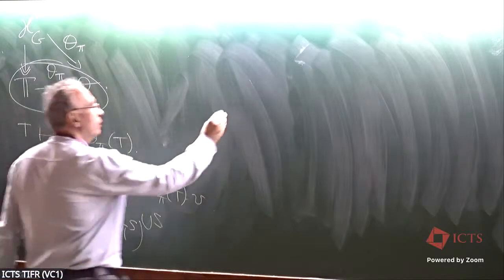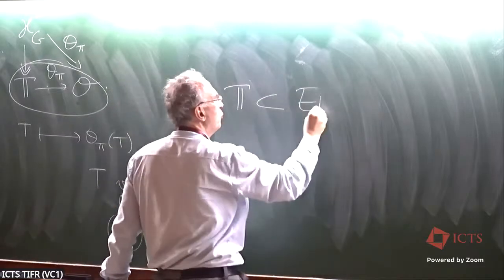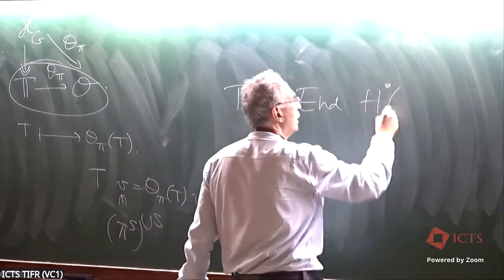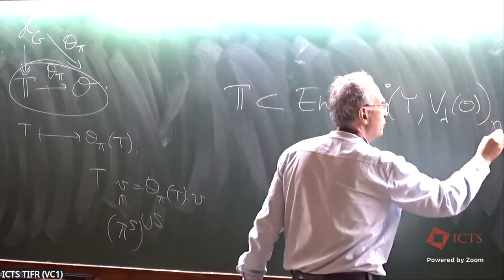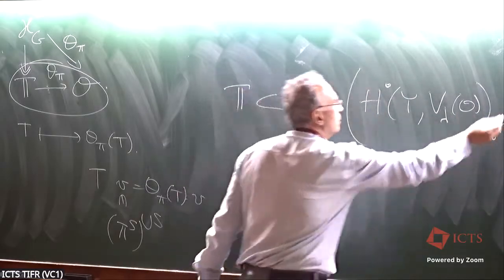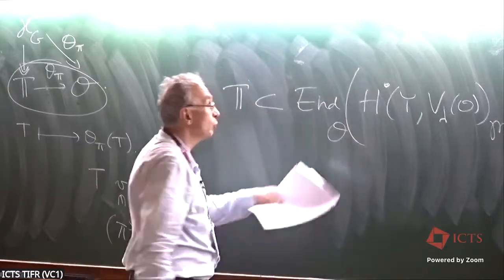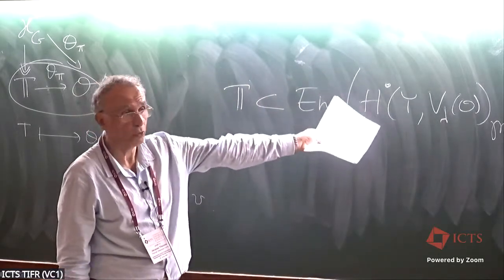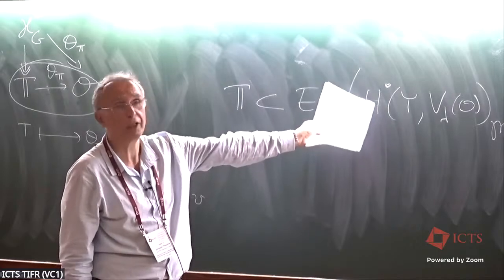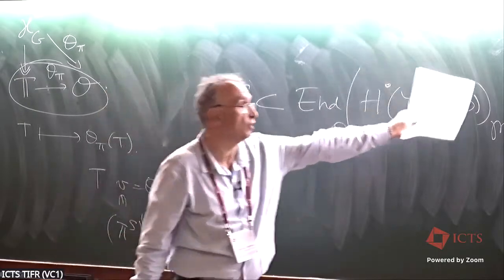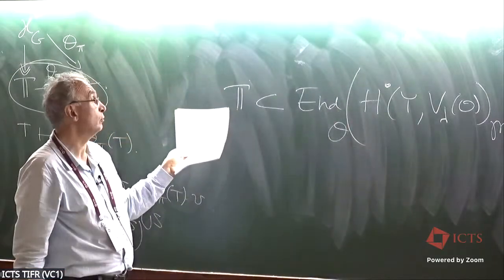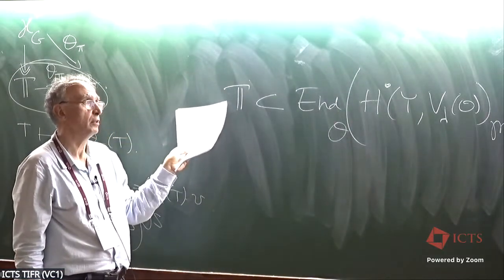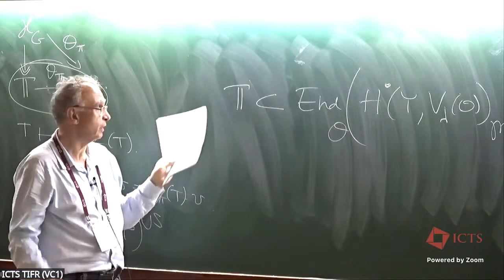It is contained in the endomorphisms of the cohomology, if you like, actually localized, but anyway. This is a finite rank O module. This is not large. You can show that the whole cohomology is a finite rank O module. So we are talking about a finite O algebra. Finite means finite rank, okay?